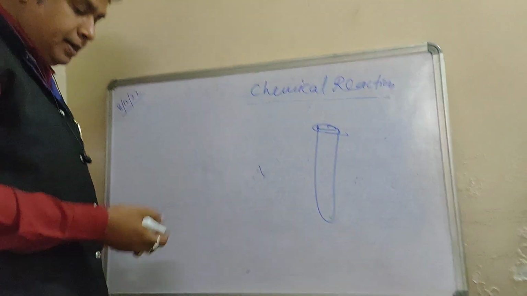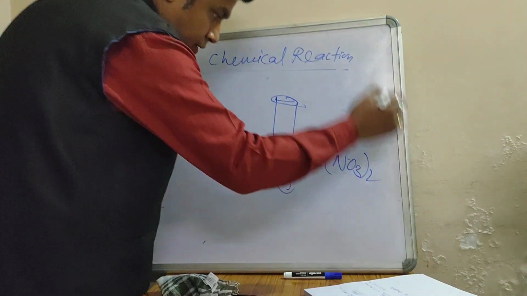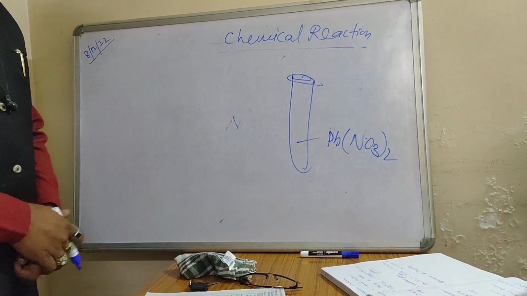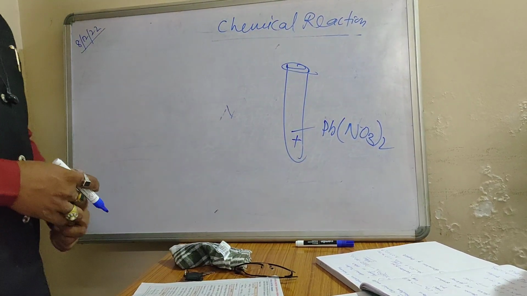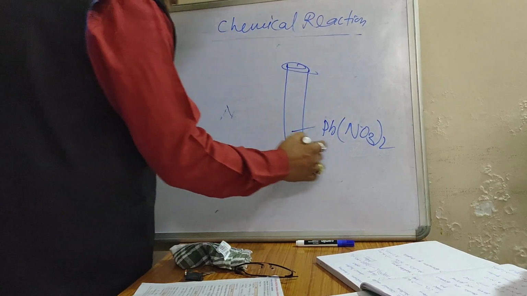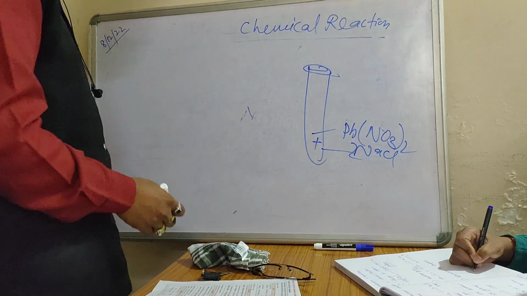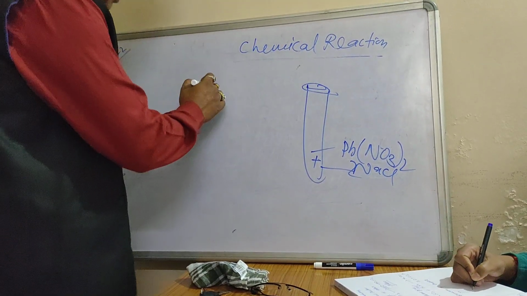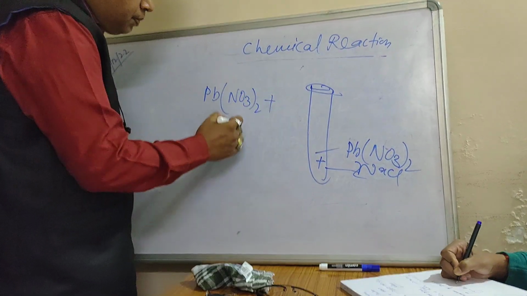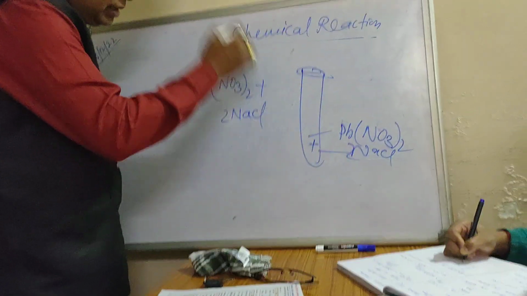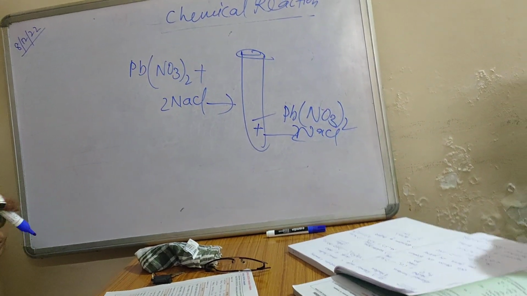Suppose I take Pb(NO3)2, lead nitrate, and I react one more substance with it, 2 NaCl. If I make this reaction, what will happen?